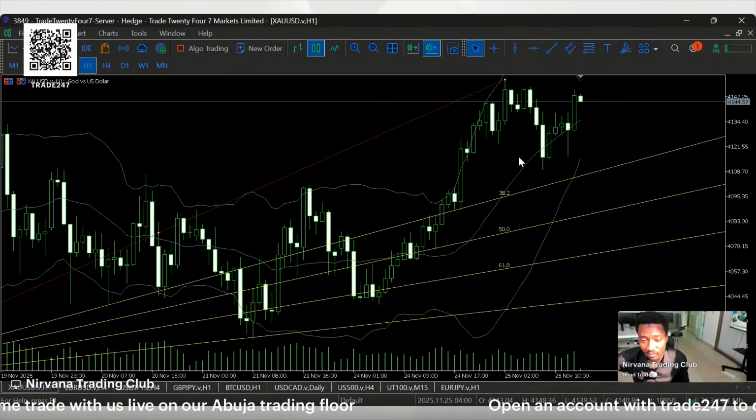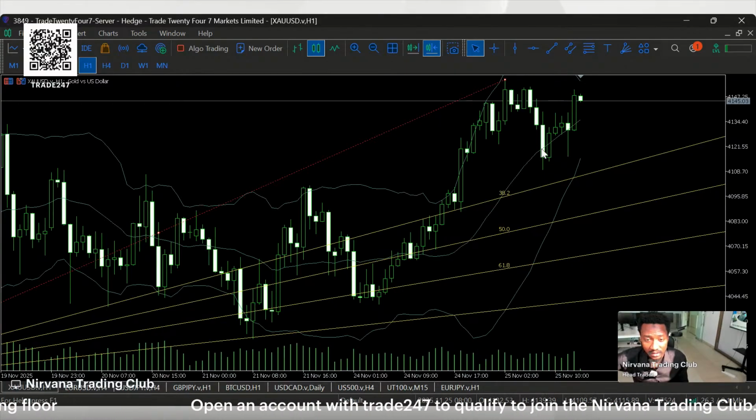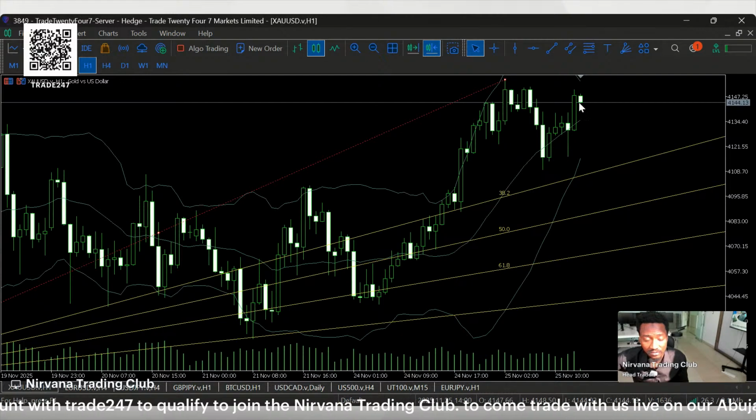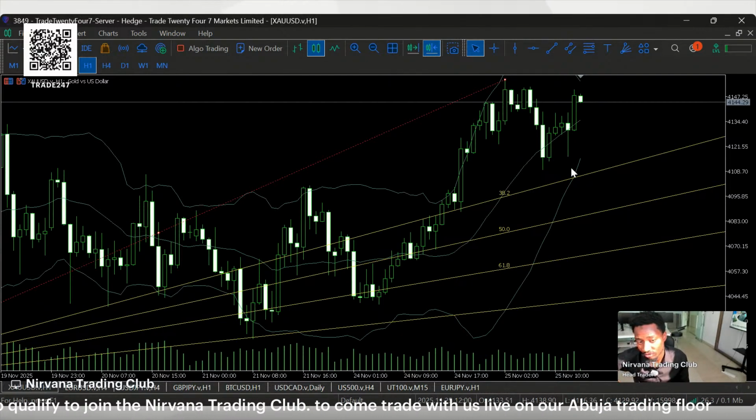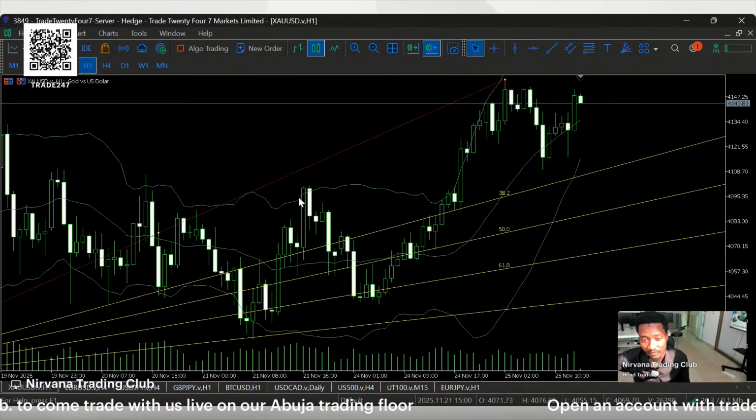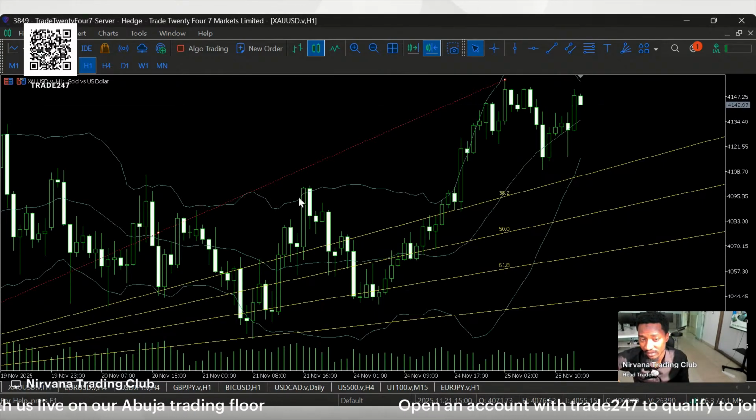Earlier we were anticipating a retracement, but unfortunately I think it responded very fast and it's still surging. Hopefully we get a retracement and we can capitalize on that. For now, gold is not giving anything suitable for us to work with.